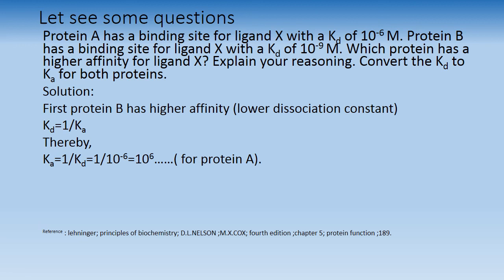So you can see the vast difference between association and dissociation constants. The association constant is 10 raised to 6, the dissociation constant 10 raised to minus 6. A ligand binding to the protein with 10 raised to 6 affinity dissociates from the protein with only the value of 10 raised to minus 6. It's a beauty.